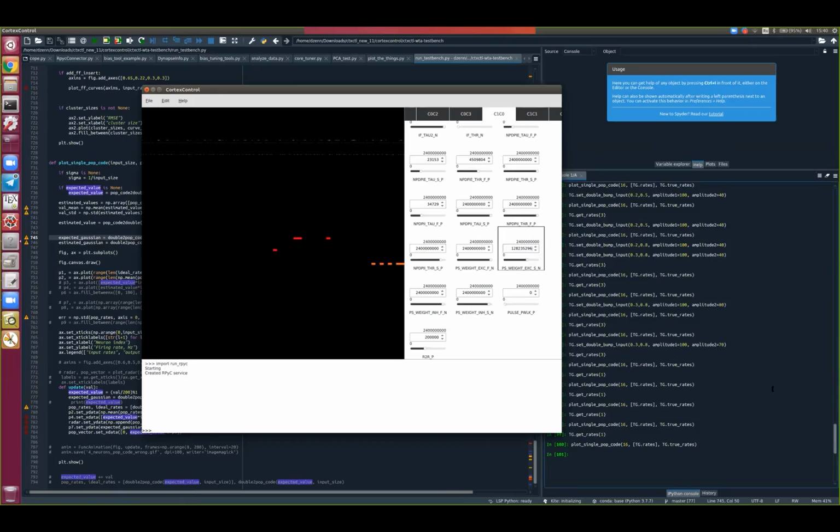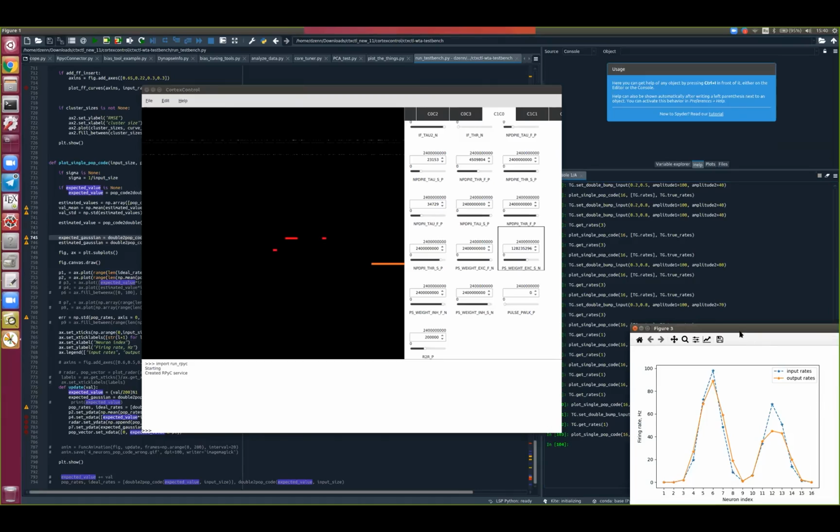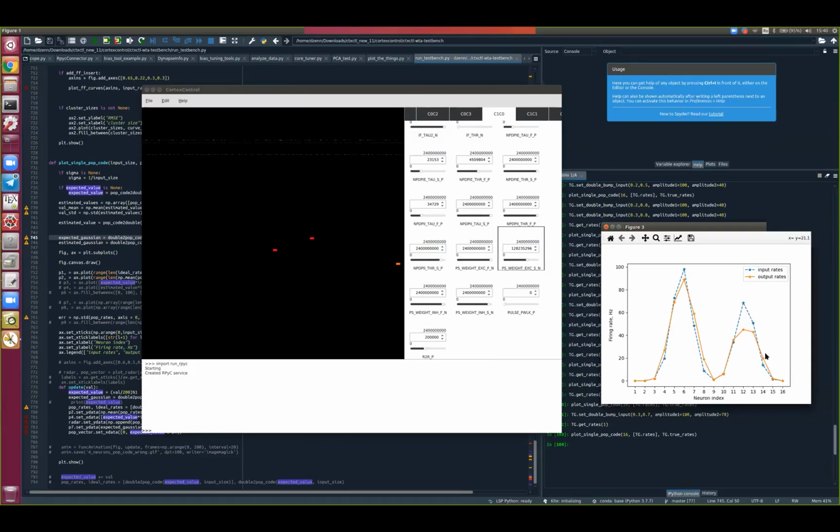The good thing is that with, I wonder which settings I have there.